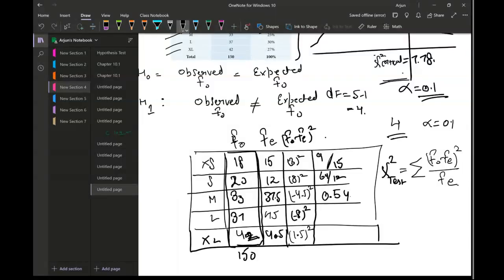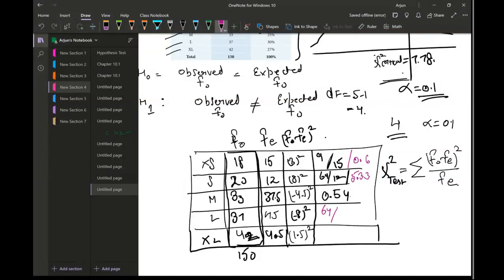And the previous one is 64 divided by 12, which comes out to be 5.33. 9 divided by 15 comes out to be 0.6.